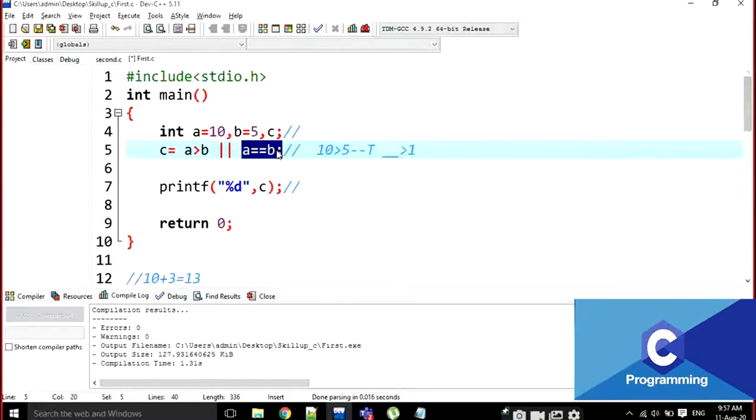In logical AND, if any statement is false, the control never reaches the next statement. Very important points.